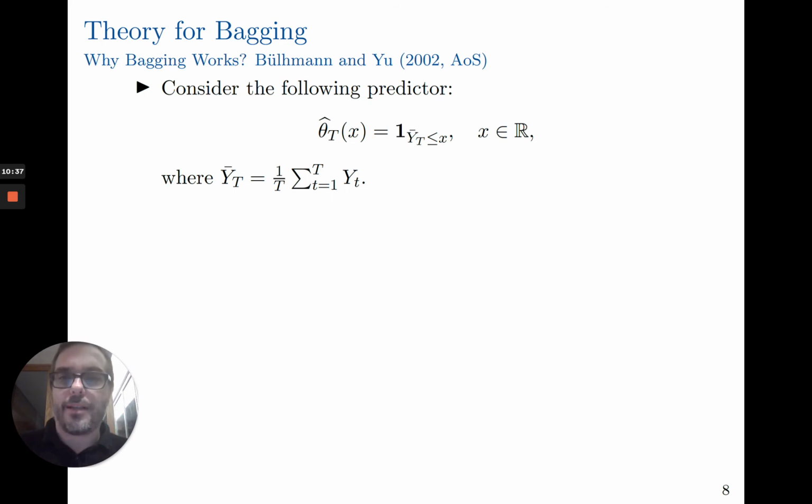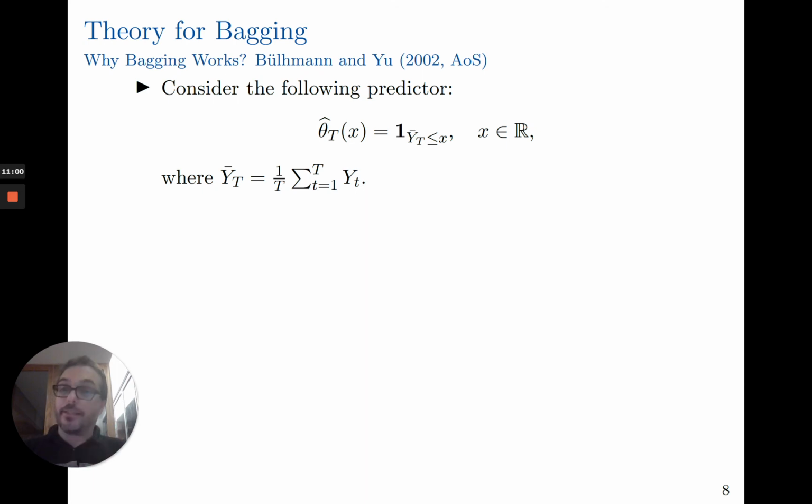A very simple example, where our statistic is based on the sample average. We have a sample of y's, T observations. We take the sample average, that's y bar, defined on the slide.